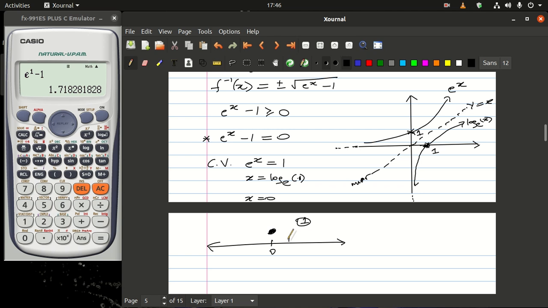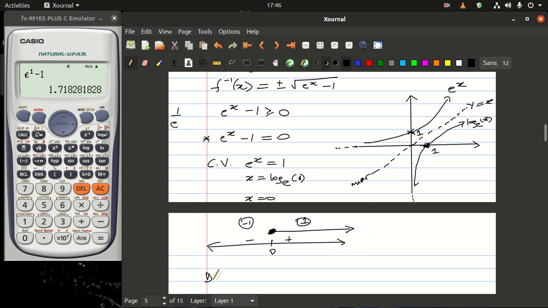And if I'm picking a value that is less than 0, I can pick a -1. If I'm plugging in a -1 here, I will end up having 1 over e, right? And 1 over e is less than 1, so we'll end up having a negative there. And this is saying we should look for positive values, so we're looking for that particular region there.